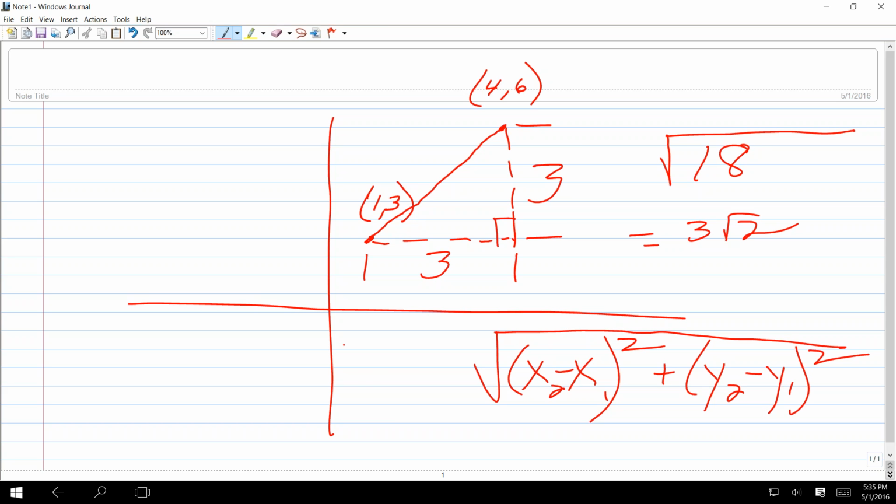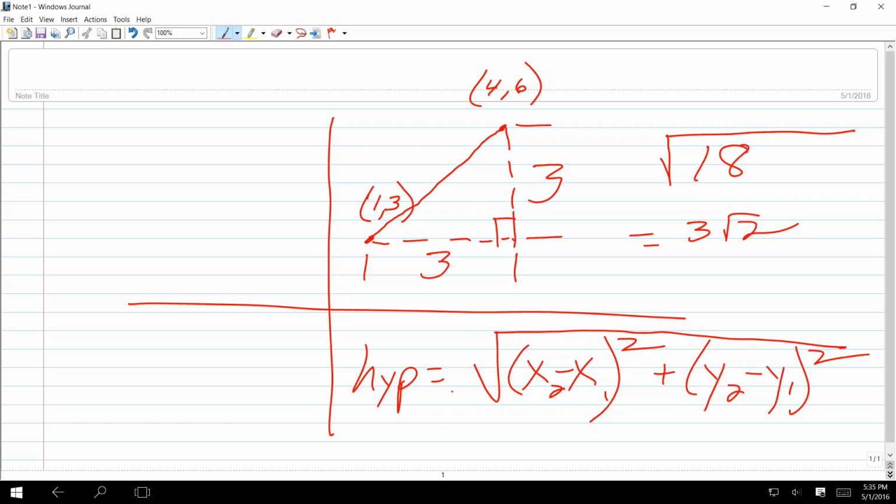In other words, that's the hypotenuse of that triangle that I drew. So it's just the Pythagorean Theorem. It's the difference of the x's squared plus the difference of the y's squared. So that's pretty simple, as long as you remember.